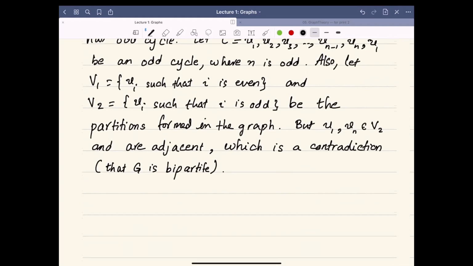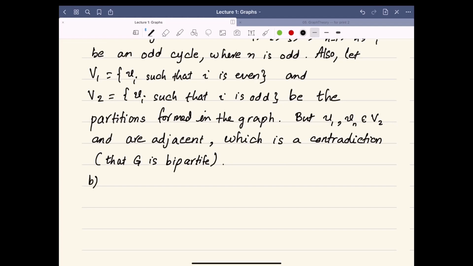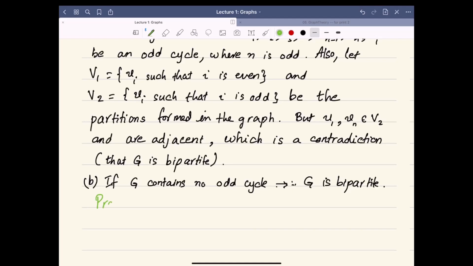Now for the other part, part B, we say if G contains no odd cycle, then G is bipartite. Again, we will prove this by contradiction.